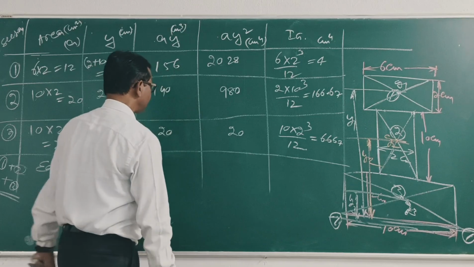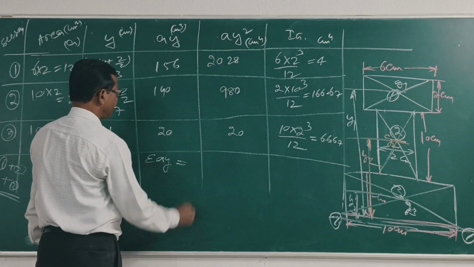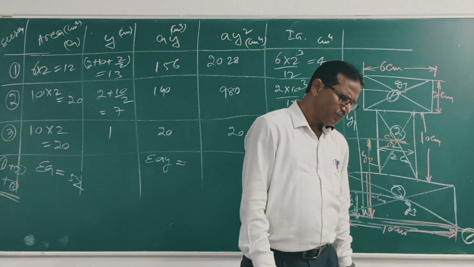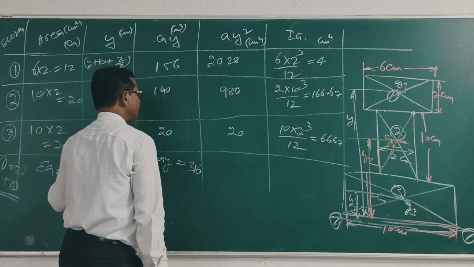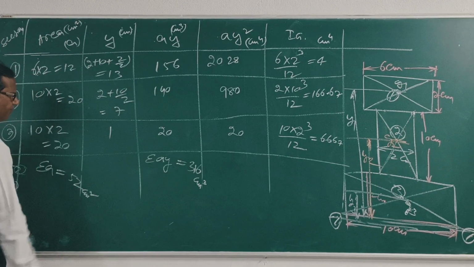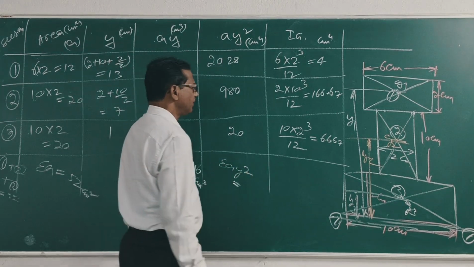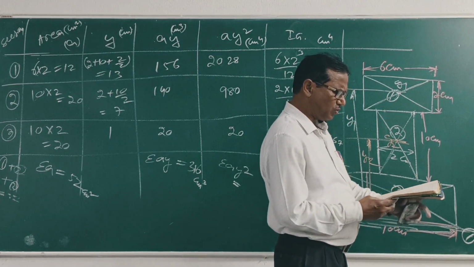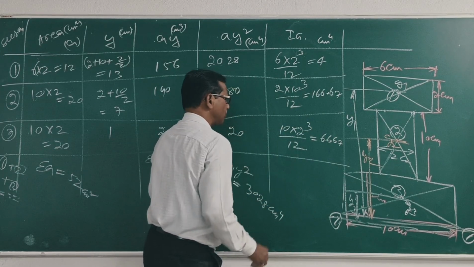Sigma A y, summation of A y, 160 plus 156, 260 plus 56, 316 cm cube. Sigma A y square is equal to 3028 cm fourth.